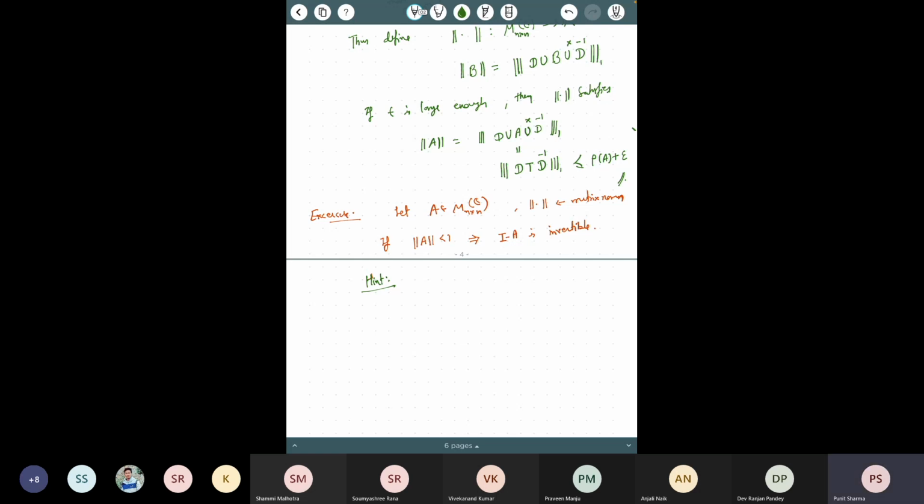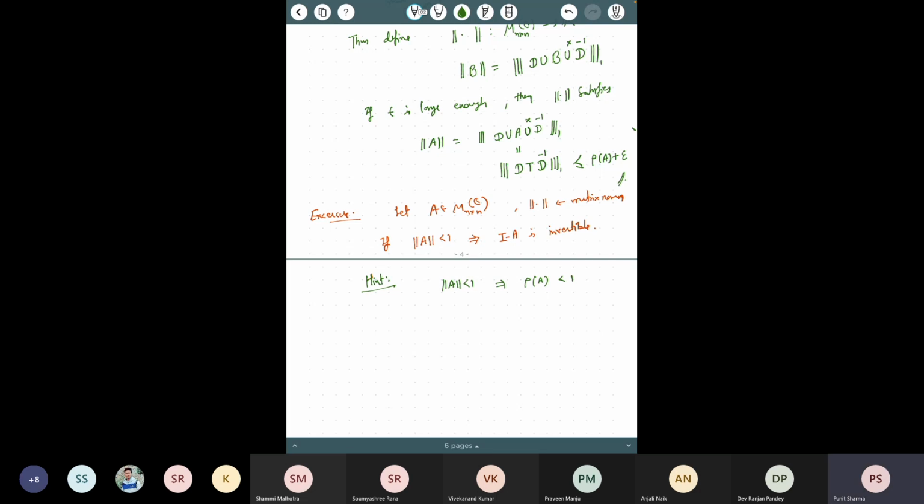What you are given is that the norm of A is less than 1, right? But then this implies that the spectral radius of A is less than 1, because the spectral radius is always less than or equal to the norm of A, since it is a matrix norm. So this is always less than 1.